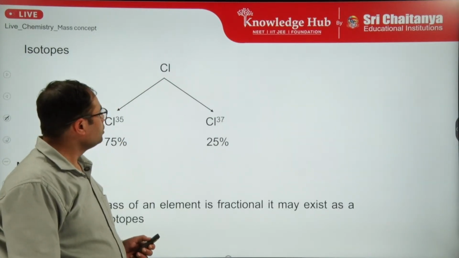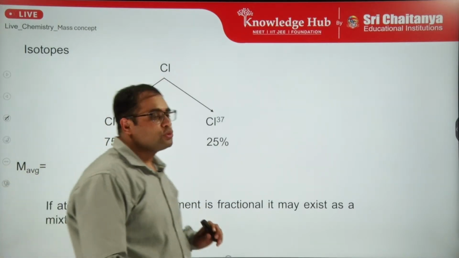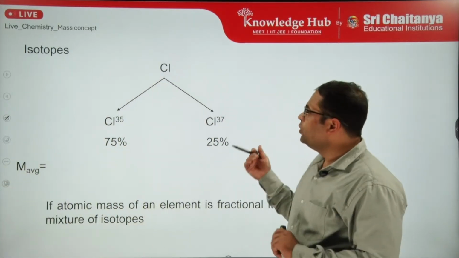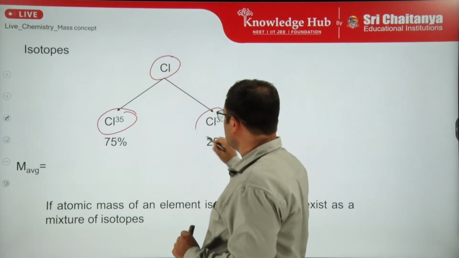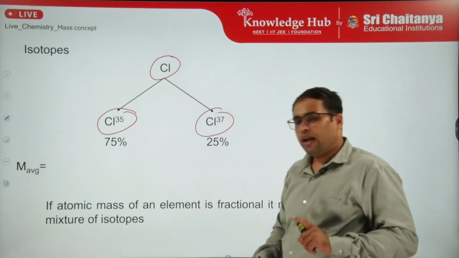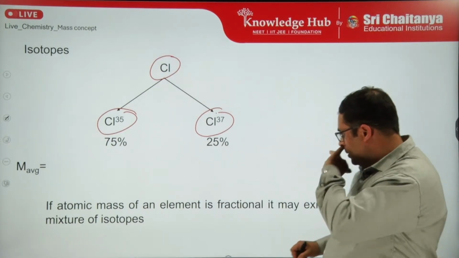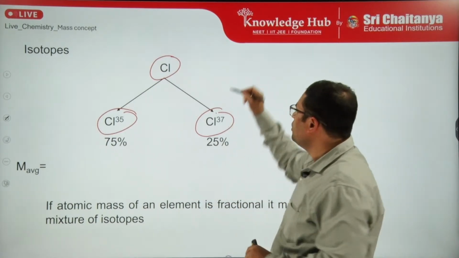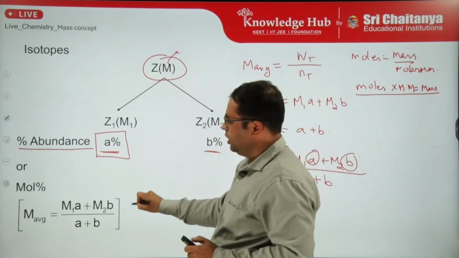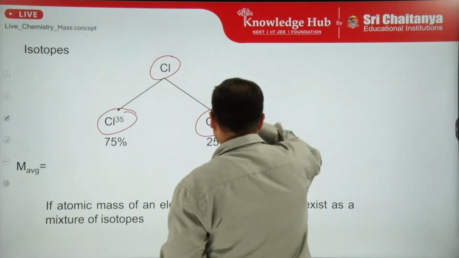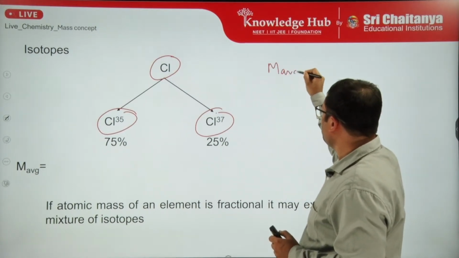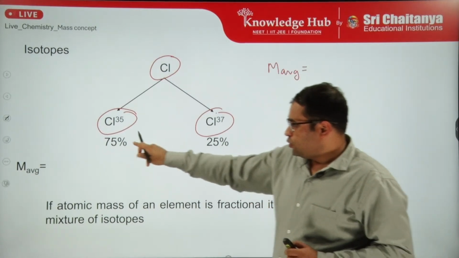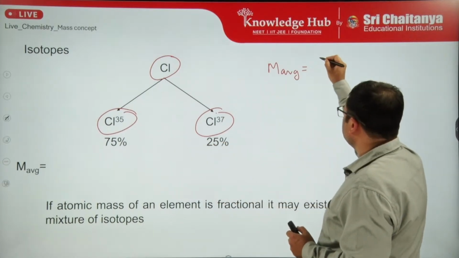Right. So let us move on to the case of chlorine. What do we do here? Chlorine, I told you, has two isotopes, these, right? So now let us take this formula and calculate the average mass of chlorine. So the percentage is 75.